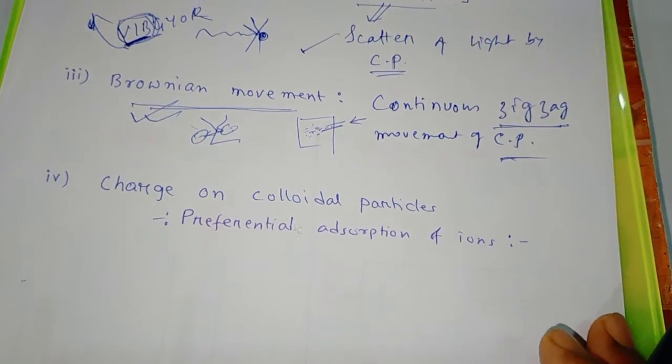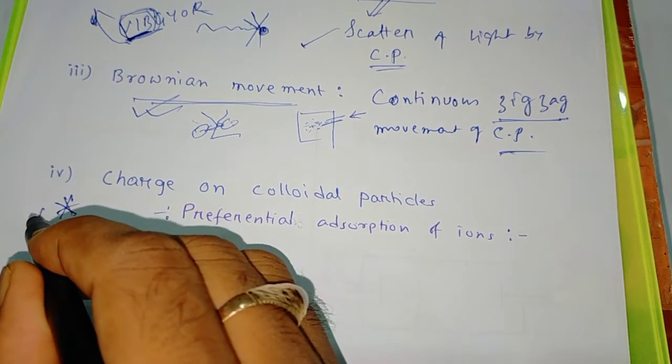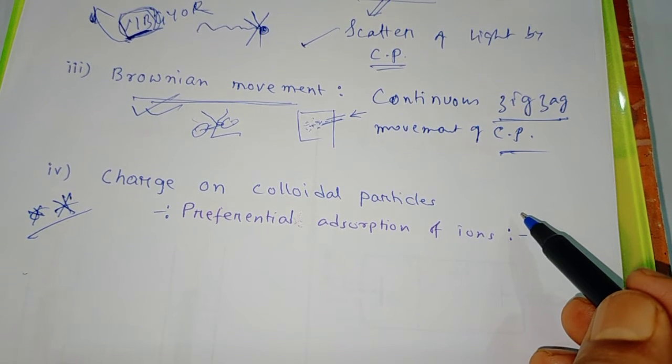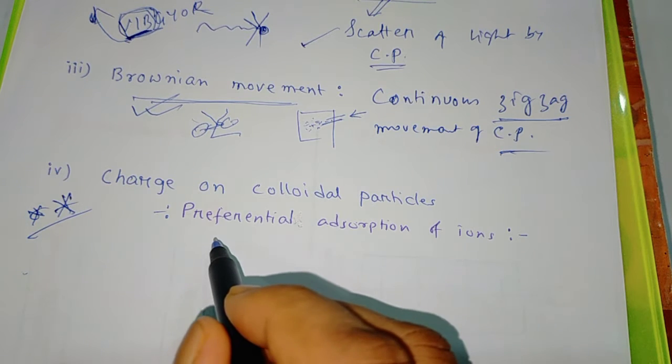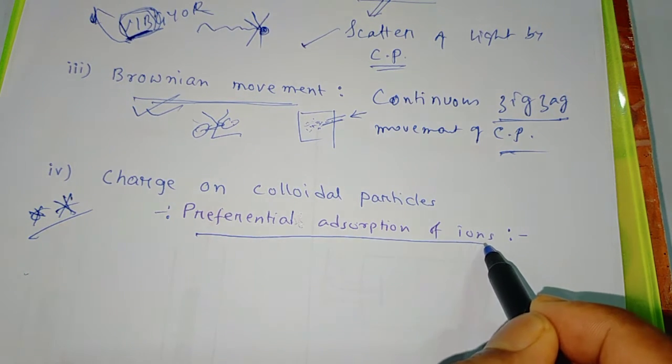Next topic, an important topic that we are going to discuss is charge on colloidal particles. There are several theories on charge of colloidal particles. First, we take preferential adsorption of ions.